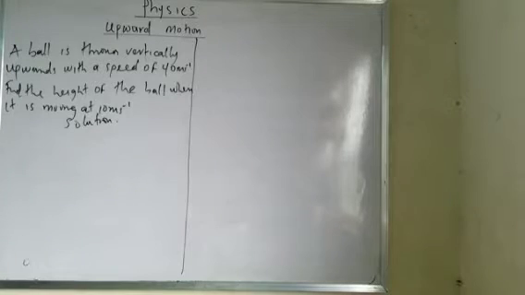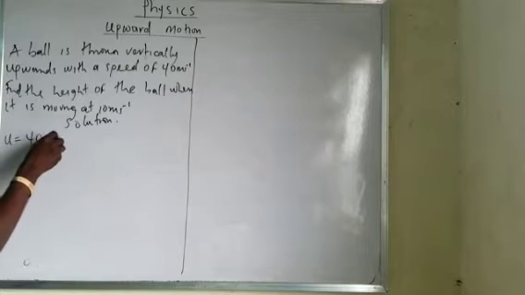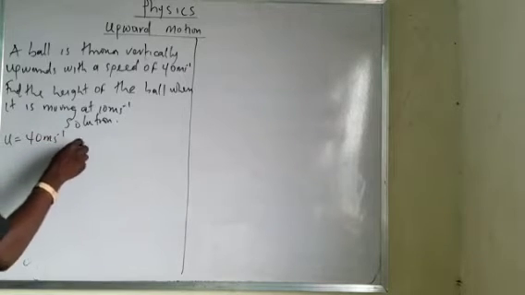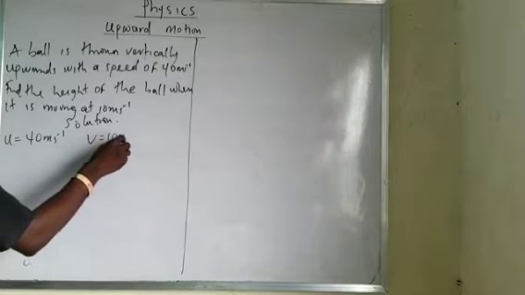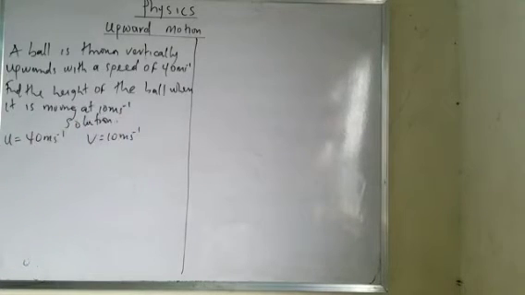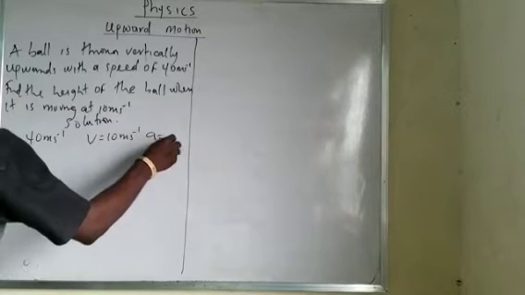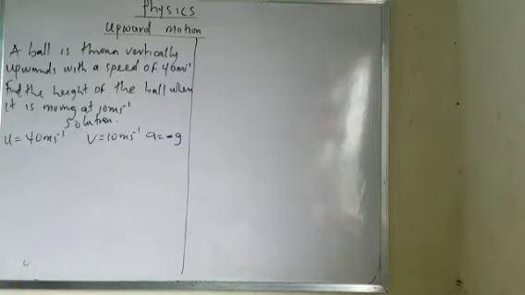Solution to this question. Vertically upward with a speed of 40, it means my speed, my u, equals 40. My v equals 10 meters per second, that is final. Also, a equals minus g, as I've told you earlier, because it is upward.